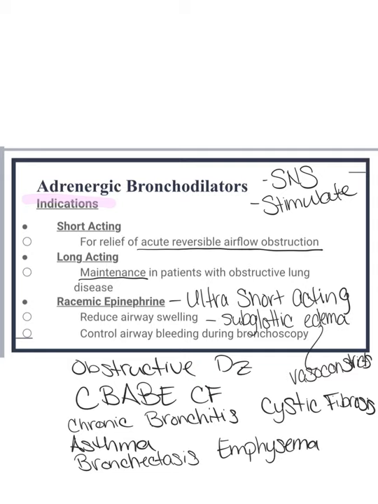So because it's a vasoconstrictor, if you have a small little area of damage caused by maybe a biopsy through a bronch or some trauma from the bronchoscope itself, if you put racemic epi or epinephrine down the bronchoscope, then you can stop the bleeding with that.